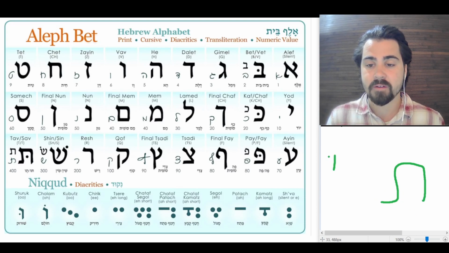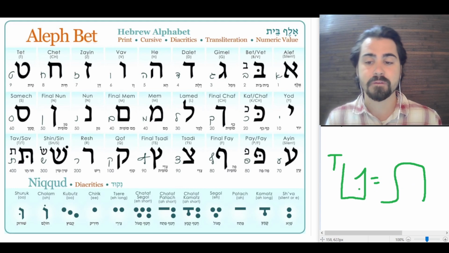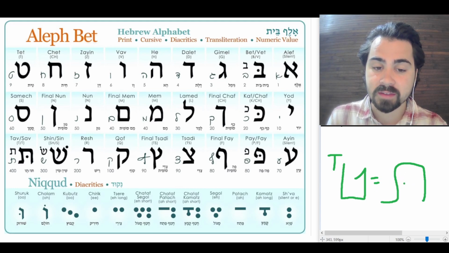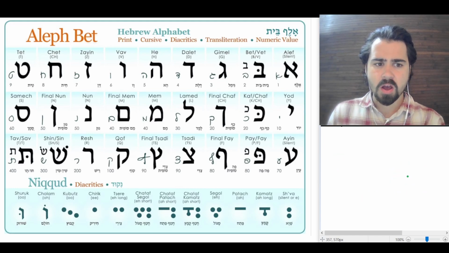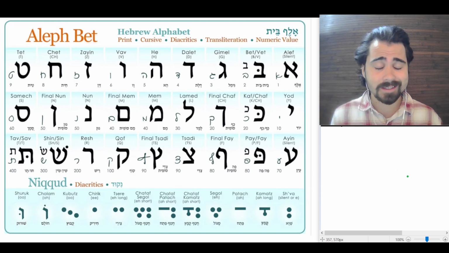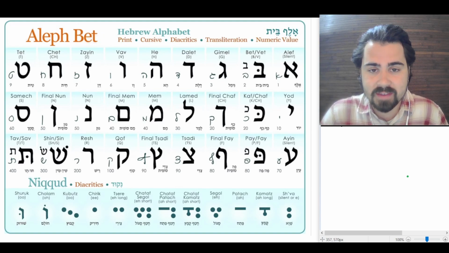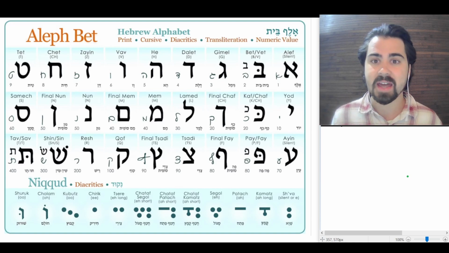Letter taf, sound is T, exactly like tet. Taf, tet. Both are T. Okay, perfect. So that is all. That is the entire alphabet. We've just learned it together, and you've done a fantastic job.